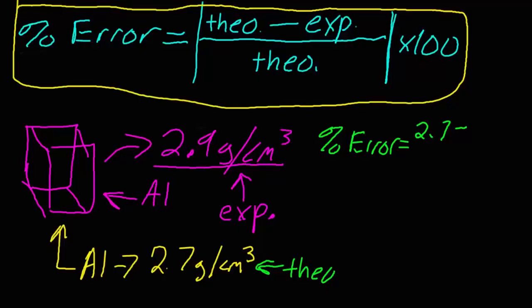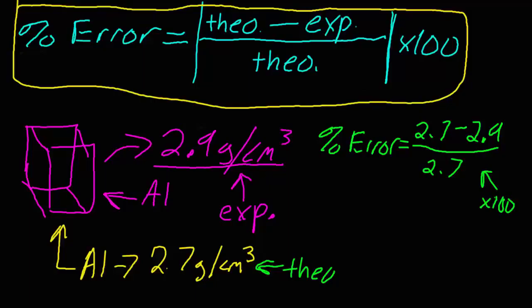That's the value we figured out in this experiment, which was 2.9, divided by our theoretical, the 2.7 again. And then we have to take this whole thing and multiply it by 100 to make it into a percent.